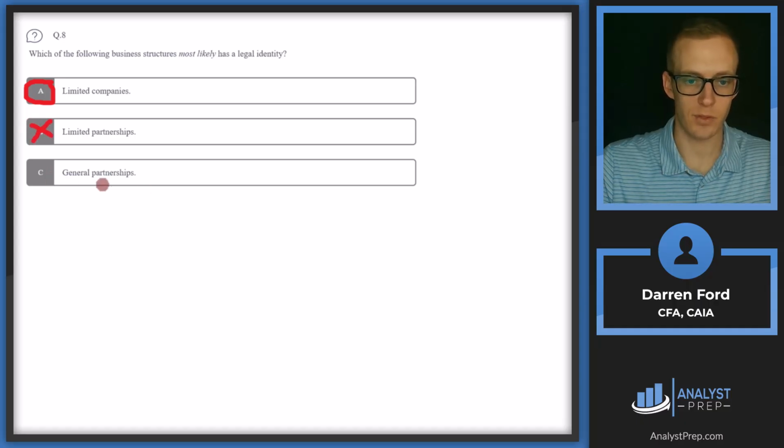That filters down into answer C as well. General partnerships, the GP does have personal liability there, so there's no legal identity separating the assets. The key thing to drive home here is the separation of personal assets from the company's assets by the owners. Answer A.